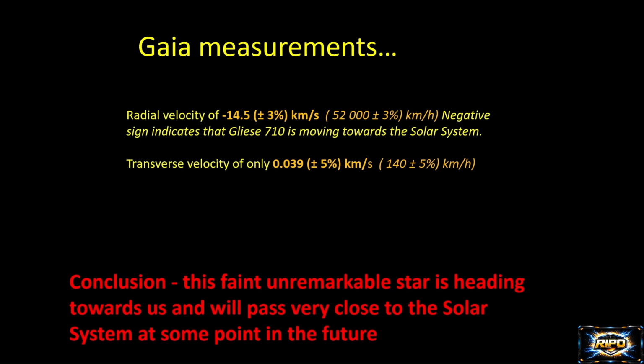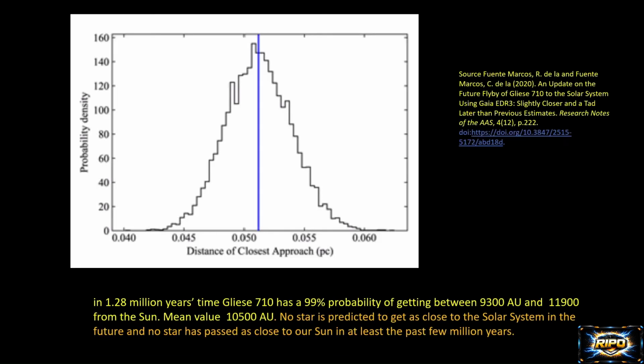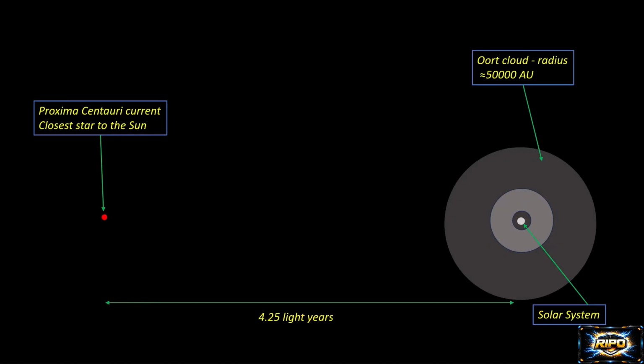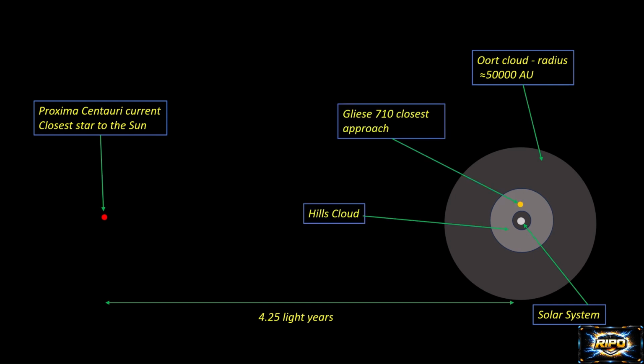A recent paper suggested that it had a 99% probability of getting between 9,300 AU and nearly 12,000 AU from the Sun, with a mean value of 10,500 AU. This, from what I've said earlier in the video, is going to take it well within the inner Oort cloud.